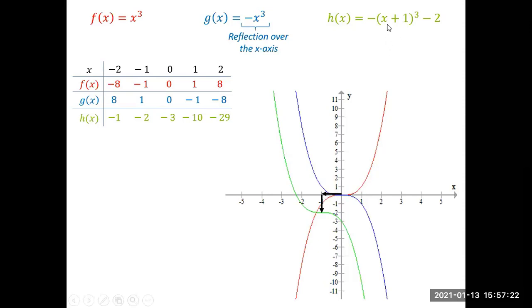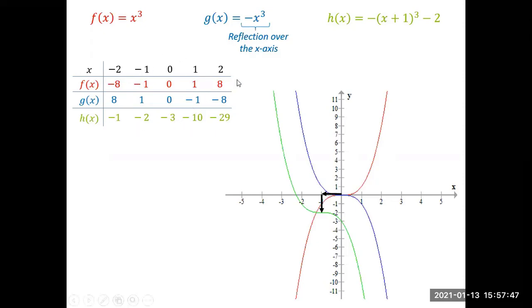And notice how we can see that, because the plus 1 causes me to move left 1, while the minus 2 causes me to move down 2. So from now on, when we graph transformations of functions, if we were to find this graph right here, we would never again need to graph or plot a table of values.